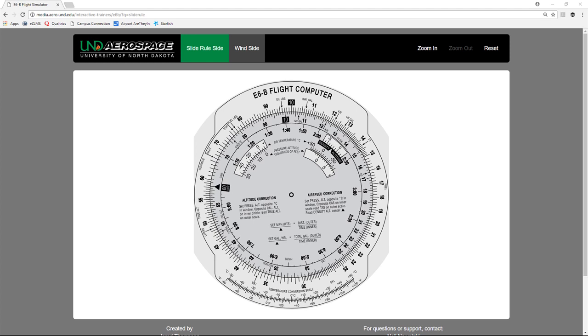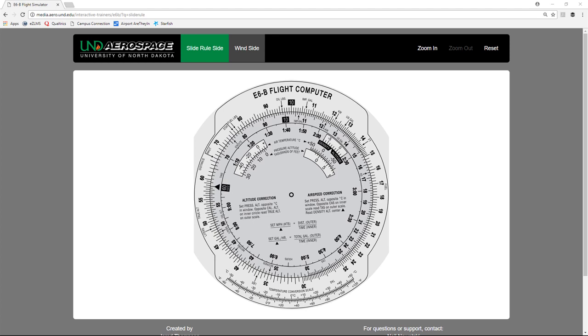Calibrated altitude. So calibrated altitude is your true altitude corrected for instrument error. Again, just like the airspeed indicator, the position of the static port can never be in a perfect spot. So there's always going to be some difference between your indicated altitude and your calibrated altitude. But usually that difference is fairly negligible.